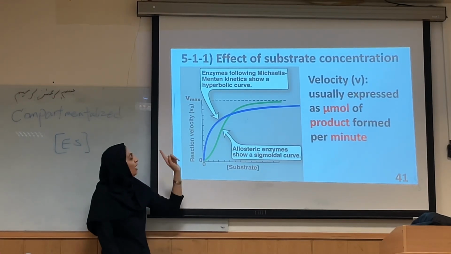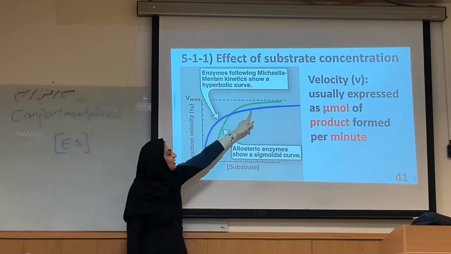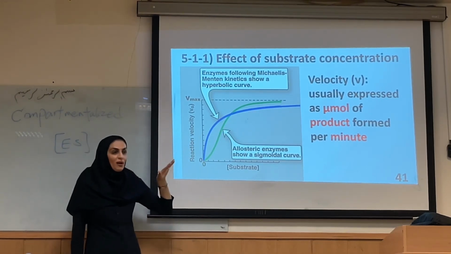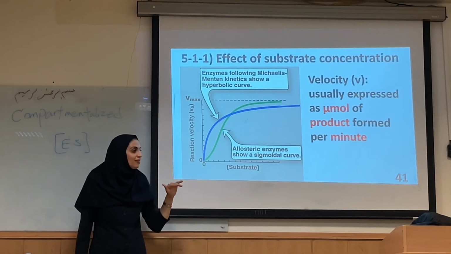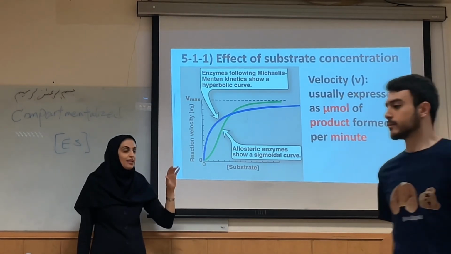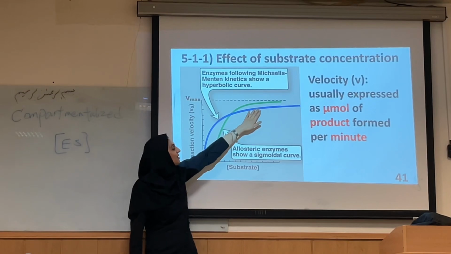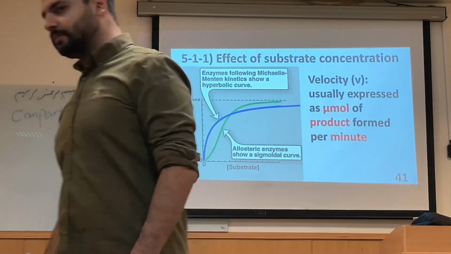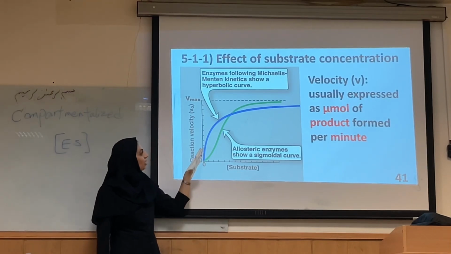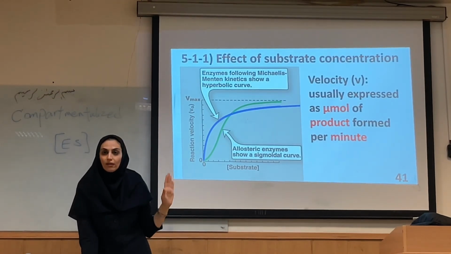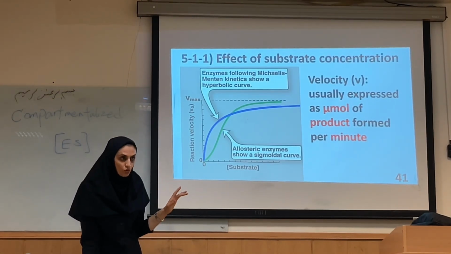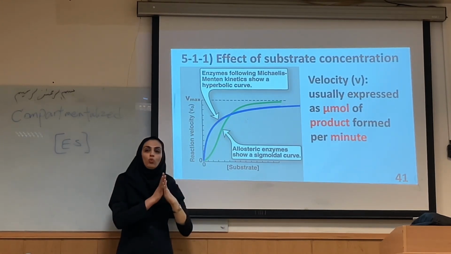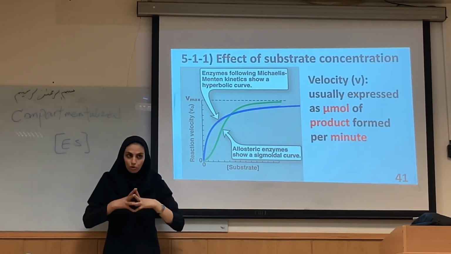Normal enzyme. Good. The normal enzymes that have a hyperbolic curve obey Michaelis-Menten rules. But the allosteric enzymes don't obey Michaelis-Menten rules. Today we are speaking about enzymes that work with the Michaelis-Menten equation.